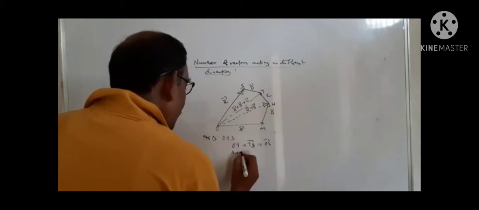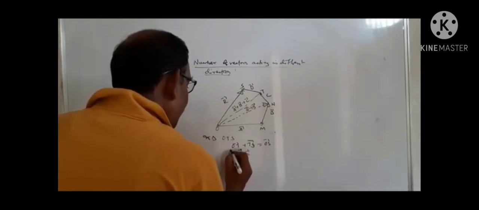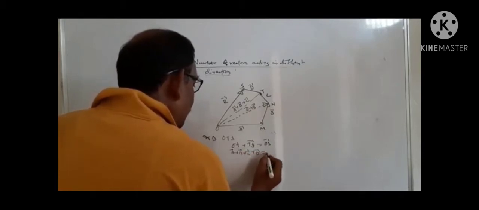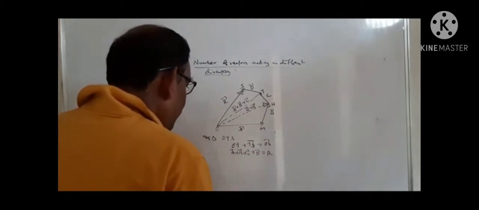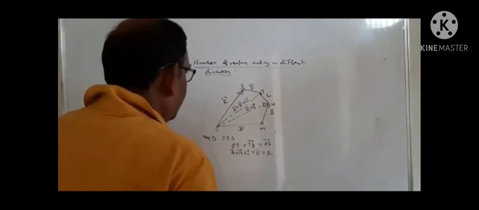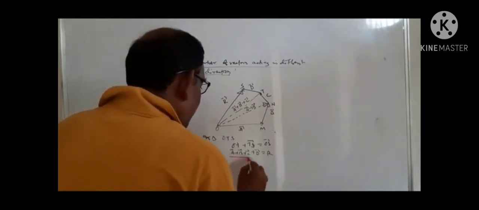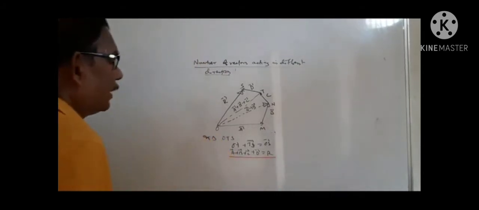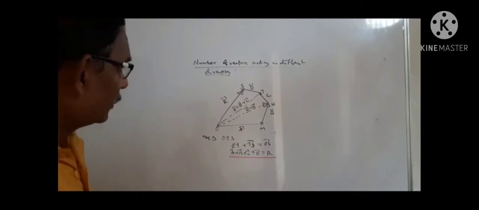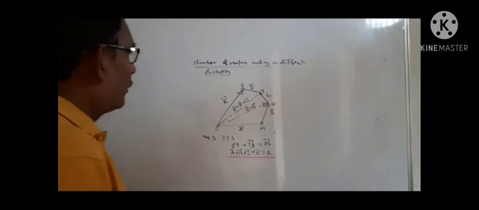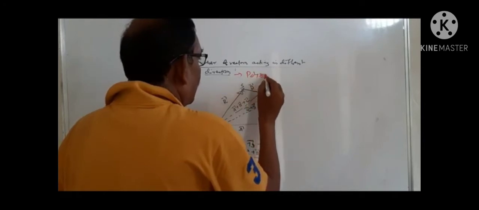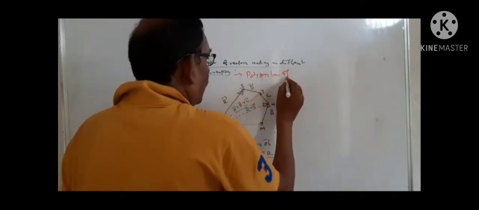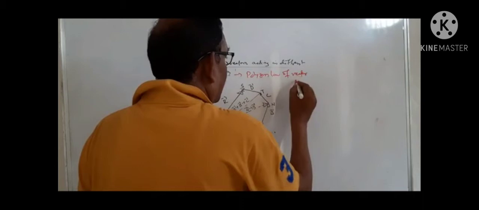So A plus B plus C plus D is equal to your resultant R. In this way, you determine the resultant by adding a number of vectors which are in different directions by using the polygonal law of vector addition.